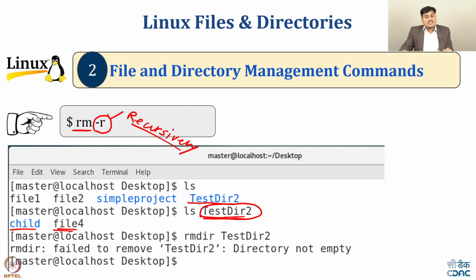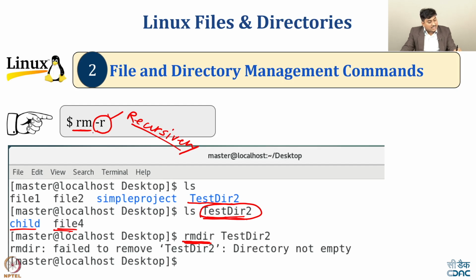Traditionally, as we have seen earlier, if I want to remove an empty directory, we generally use the rmdir command. But if I try to delete this test directory which has some content within it with the rmdir command, it doesn't actually delete, and it says this directory cannot be deleted because it is not empty. So, how can I delete such kinds of directories?